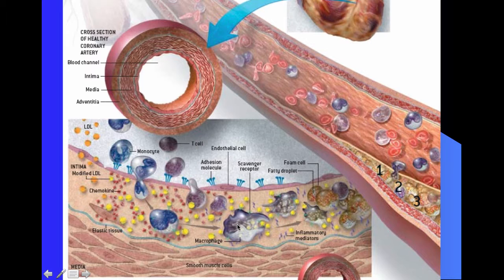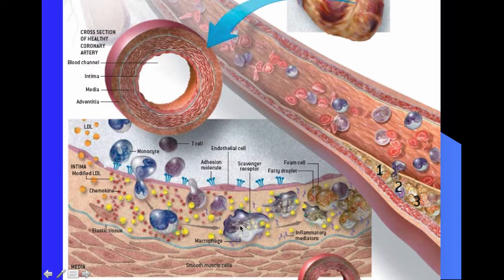The macrophages engulf LDL particles by an unregulated pathway, and they use the LDL receptor to do that. So you can see where the LDL here have been modified, and the LDL are now being absorbed. See, it's really hard to see this, but there's a receptor on the outside of the macrophage that is taking up the LDL particle.